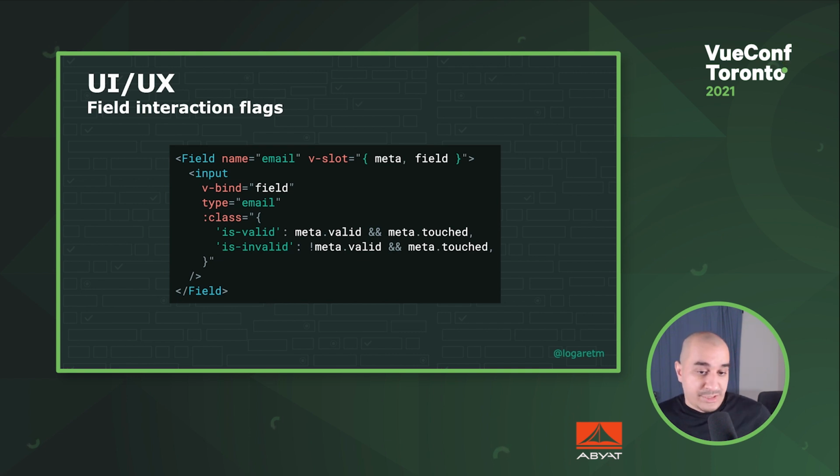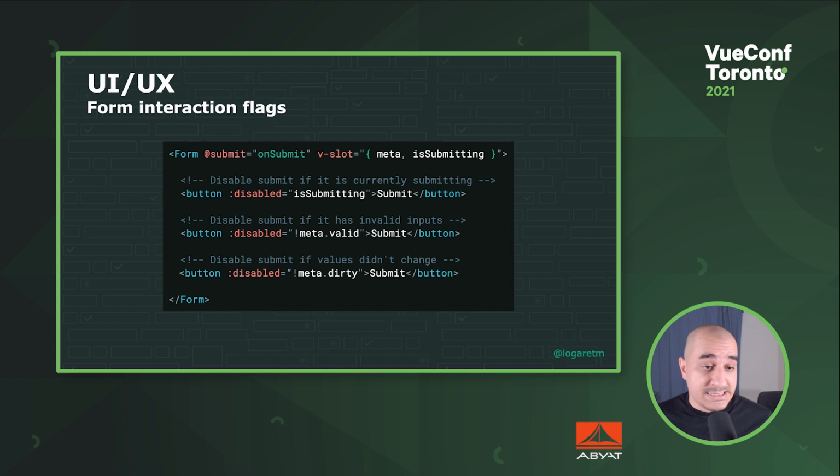So in this example, we are just applying some classes based on these Boolean flags, but you can do much more. In this example, the form has similar Boolean flags and other information. For example, right here, I have 3 different use cases that are common in most forms today.